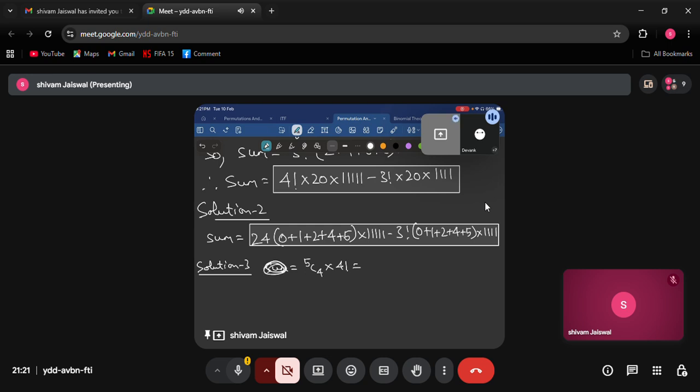Achha, this is the total number of numbers. 120. Achha, each of the digits will be there in the units place 24 times. Are you getting? Each digit will be there in each place 24 times.